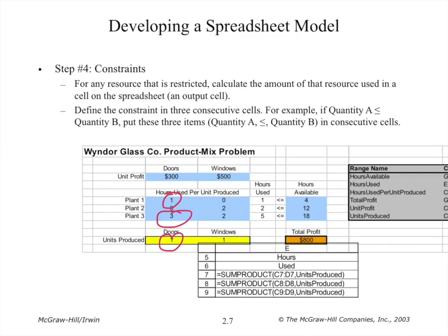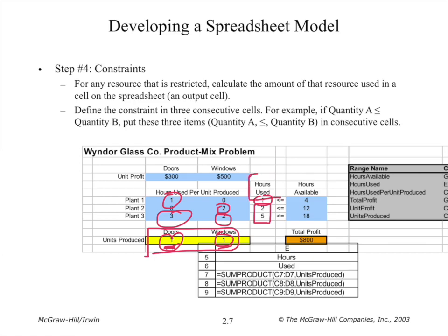To produce windows, we need 2 hours in plant 2 and 2 hours in plant 3. So to produce 1 door and 1 window, we need 2 hours and 5 hours in plant 2 and plant 3.